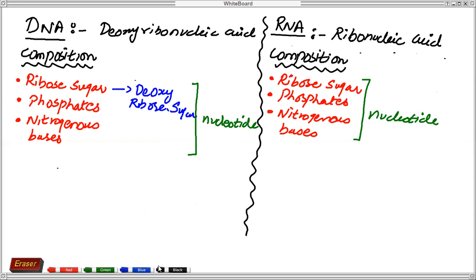Now let's have a look at the structure. As we know, it is made up of ribose sugar, that is 5 carbon sugar. It looks like this. There's an oxygen and it combines with 5 carbons.